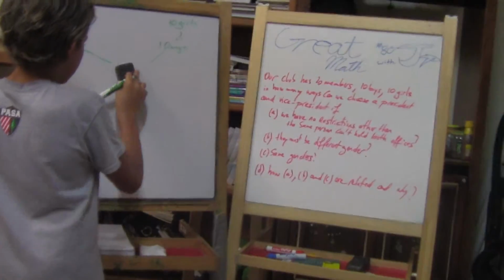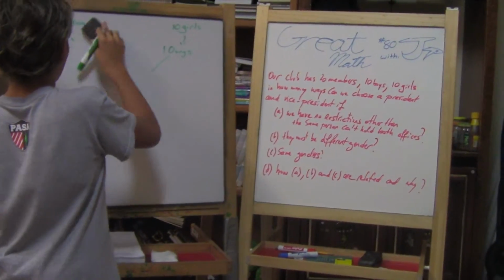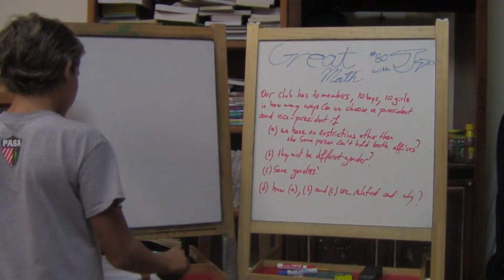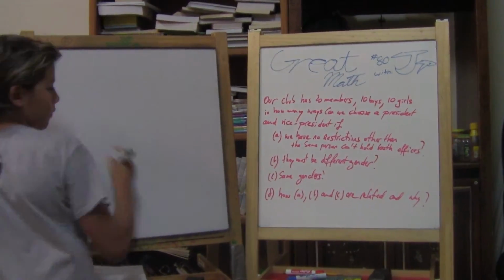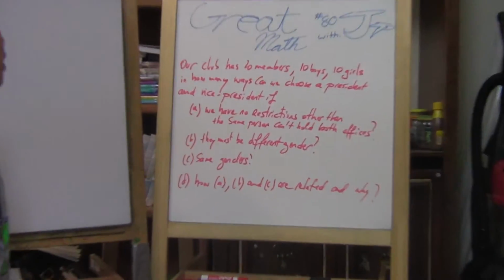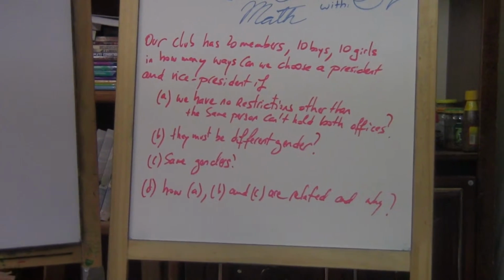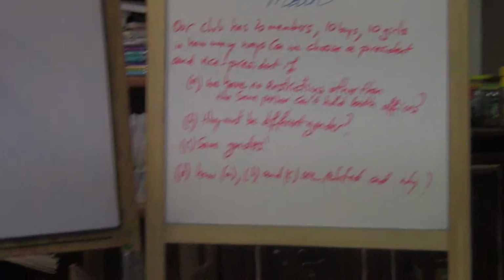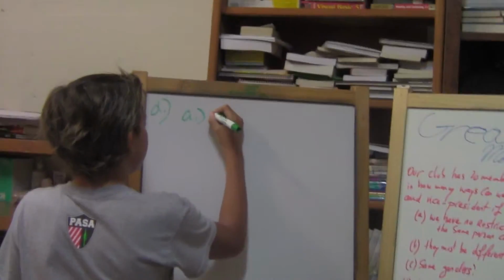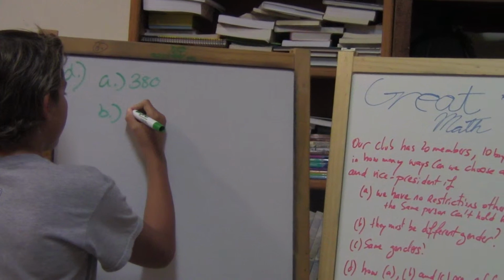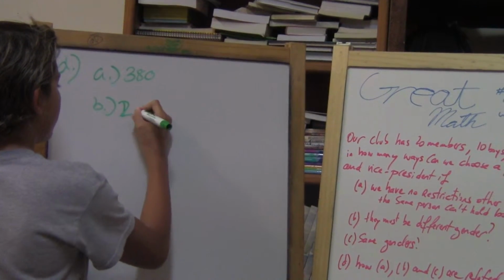Now it's time for D. But we'll need our answers from A, B, and C. So let's focus your attention back in here on how A, B, and C are related and why. Okay. So what was A? A was 380. B was 200.